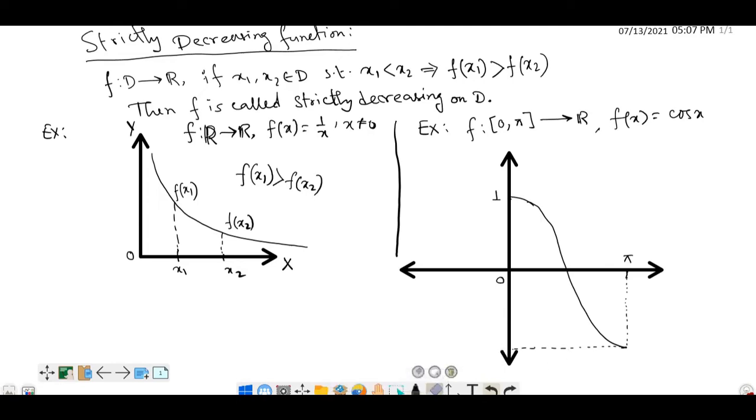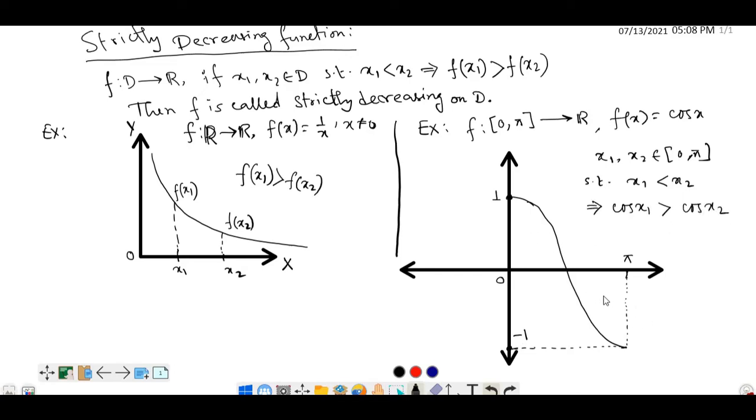You can clearly see it is decreasing all the time, and you can also say that if we take x1, x2 from 0 to pi such that x1 is less than x2, then cos of x1 is greater than cos of x2.